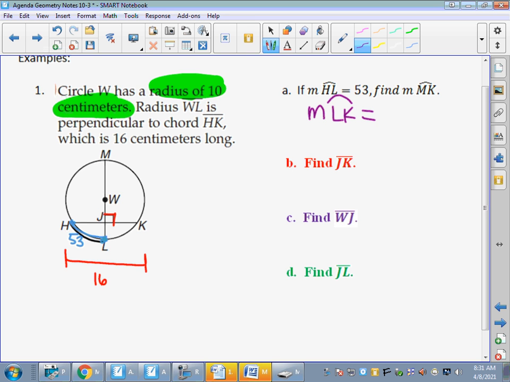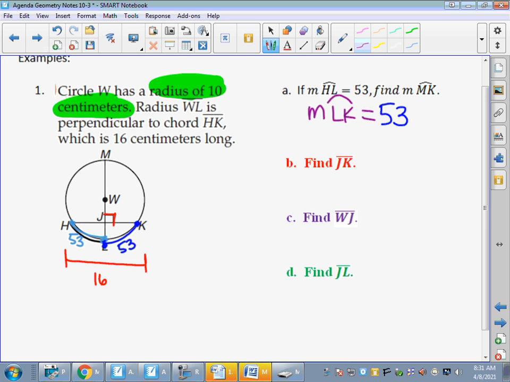So this goes back to the theorem that says, well, if it's perpendicular, a chord and a radius, that means that the chord gets bisected and the arc gets bisected. So if HL is 53, what does LK have to be equal to? It's got to be congruent, right? That has to be 53 degrees.